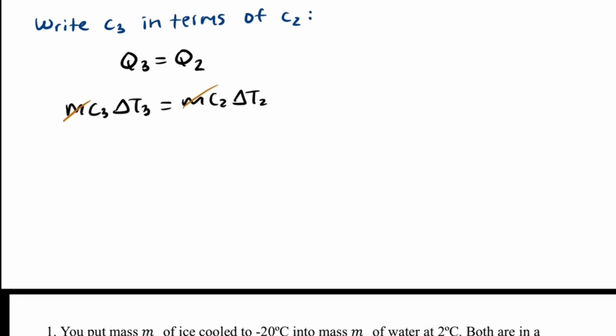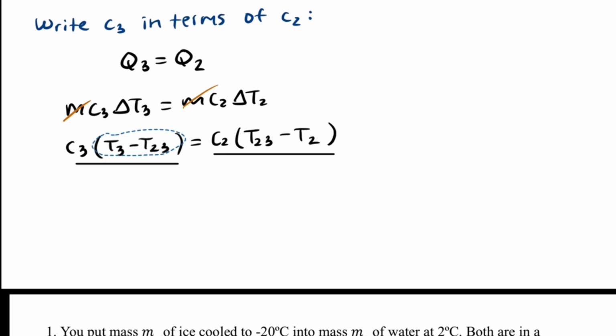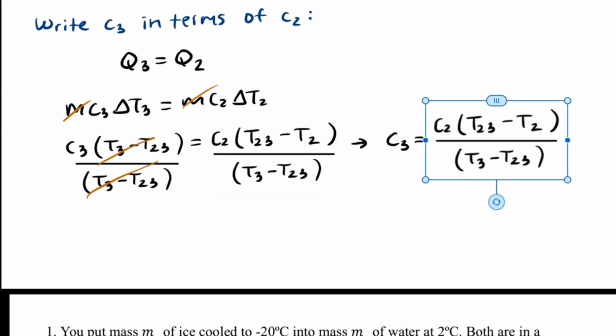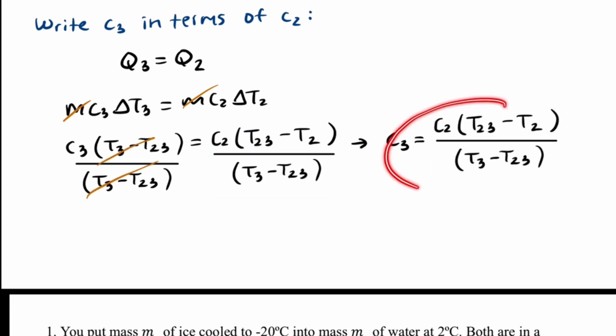We cancel the masses, and we solve for C3. So this should be the answer for the second learning catalytics question. Now, let me plug in my numbers. Again, I'm going to move C2 to the side.